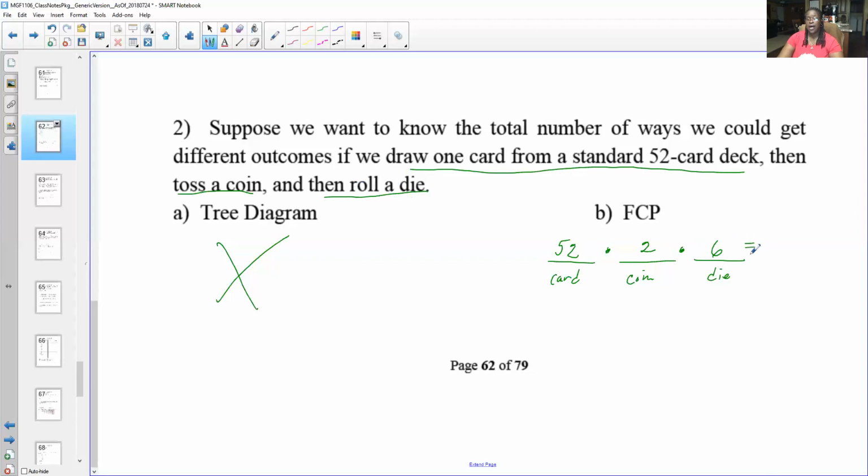So when we multiply this together, I've already done it in the notes. You've seen it too. Then we get a total number of 624 ways. So very simple. Just doing some multiplication of our numbers. Let's move to our next slide.